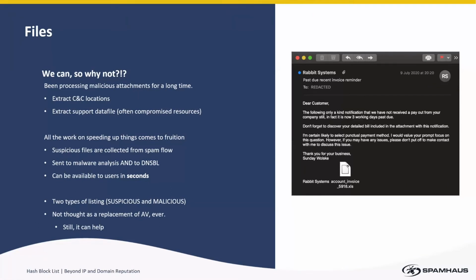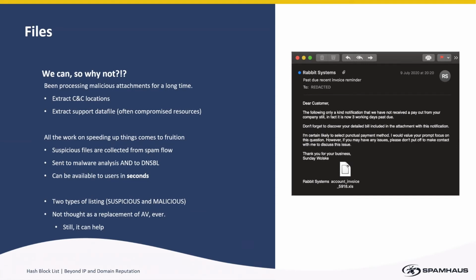So what we do is, at the same time that we decide that the file is suspicious enough to be fed to the sandbox infrastructure and do all the analysis that is going to trigger, we are also listing these files in the suspicious component of the HBL.